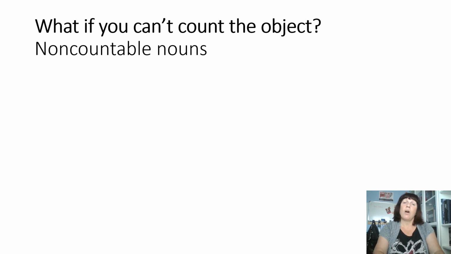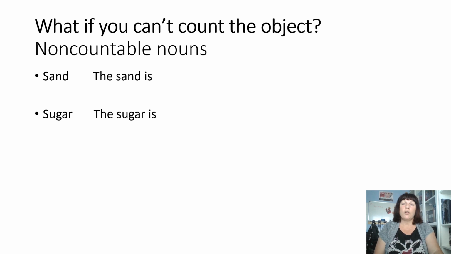So what if you can't count the object? We call these non-countable nouns. So for example, sand, we would say the sand is wet, the sand is hot. What about sugar? You could say the sugar is white, the sugar is granulated. What about water?